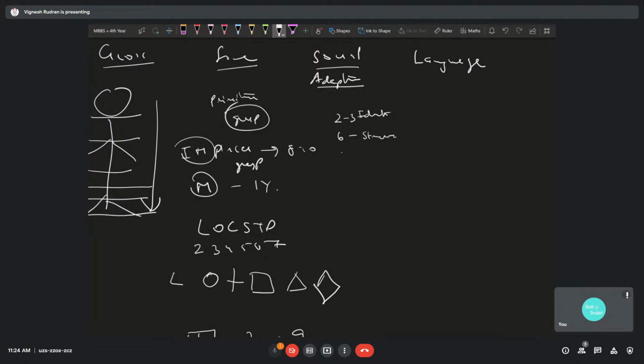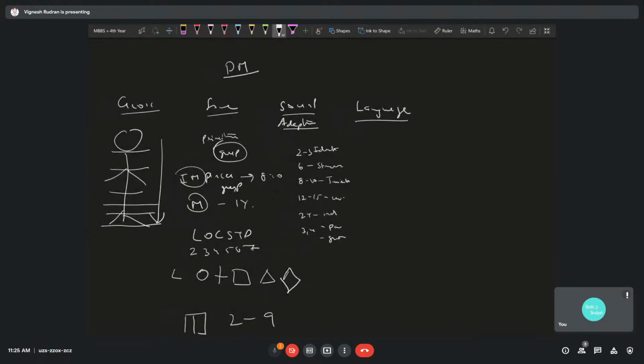Okay, and then 8 to 10 months he starts imitating, and then 12 to 15 months he starts listening. He starts writing on his own like that. Okay, then at 2 years he starts individual play. At 3, 4, 5 years he starts parallel play and group play. So these are all your socio-adaptive markers for development.